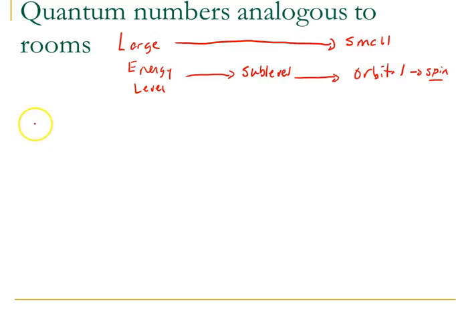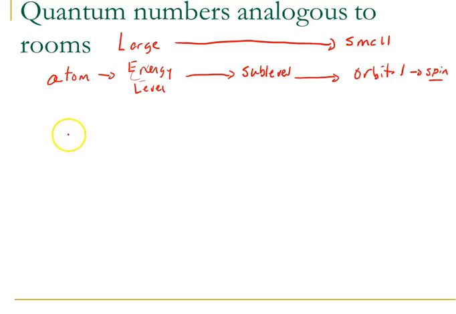Maybe you're 400 or 500 yards away, so you can see it, but you can't see the details of the construction. That's sort of like looking at the energy level. We can stand back and look at the atom, but it's actually probably beyond the energy level. We're probably outside the energy level and maybe looking at the atom level. So we're looking at the whole atom from a distance, and we're seeing basically the electron cloud. That would be like looking at a building from a distance.